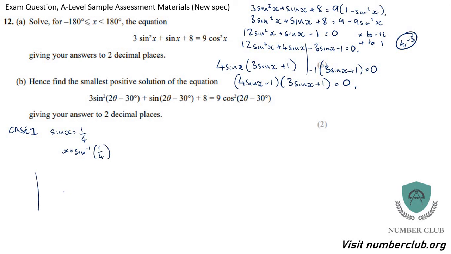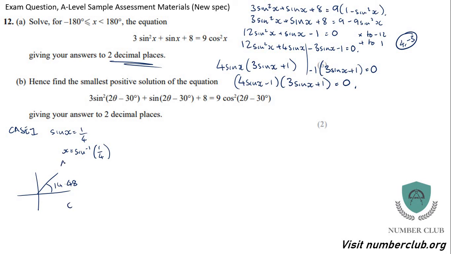Okay, so let's take a look at that. Inverse sine 0.25, which is 14.477. Okay, 14.478 even, pardon me. 0.48, there we go. Because we wanted 2 decimal places, you see, so we go for that, 14.48.